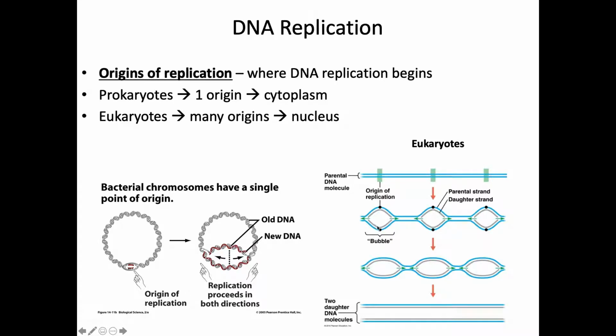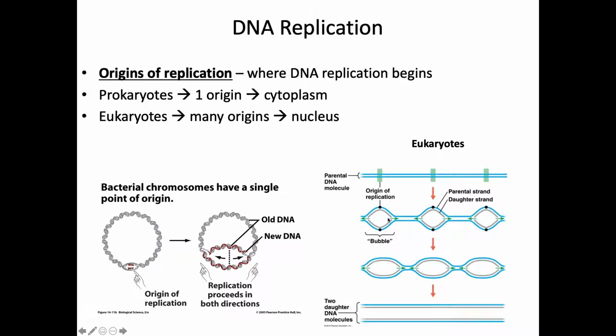Since we humans have basically 3 billion base pairs, if we only had one origin of replication, it would take so long to replicate our entire genome, and cellular division would take very long. So for us, we have many origins of replication.